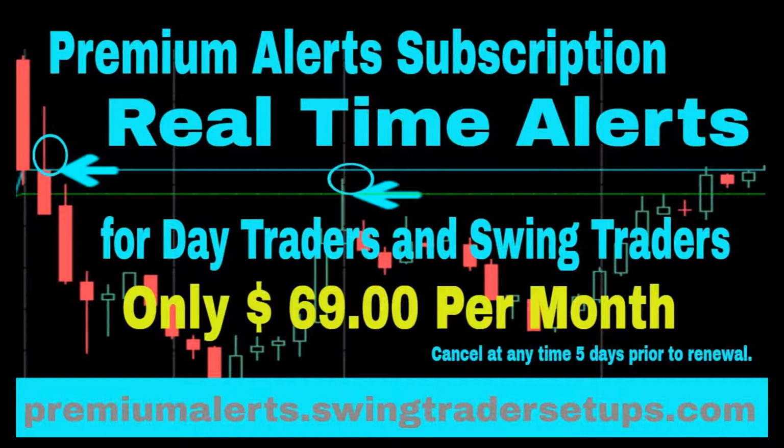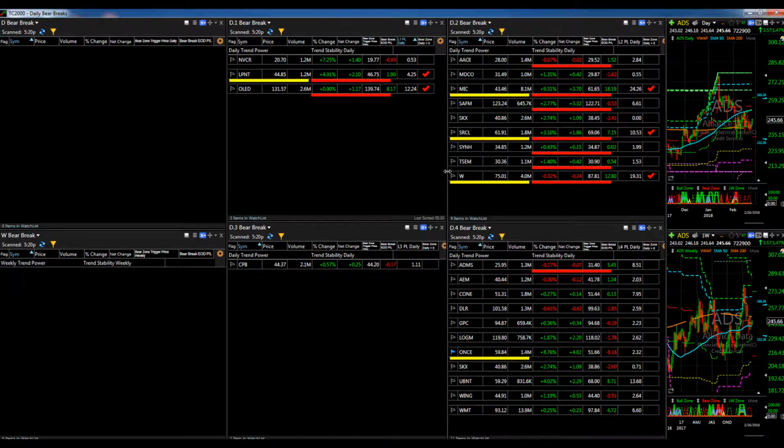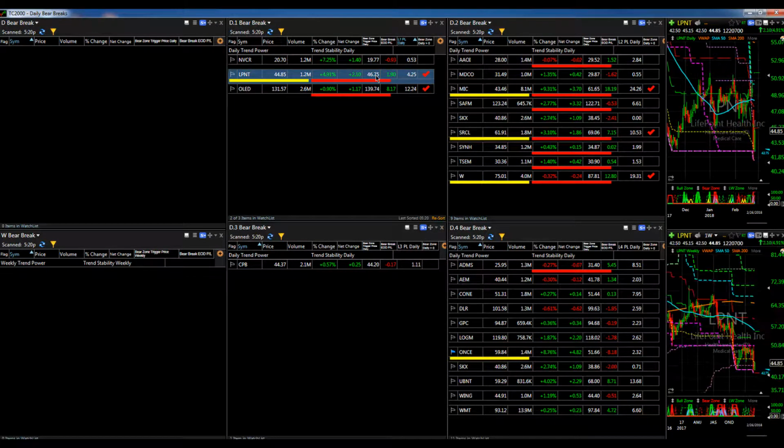Let's go forward. This is the bear recap. None today. We had 3 from Friday. These continue. Both of these, from where they hit the bear zone, are still in a bear zone, shown by the check marks here.